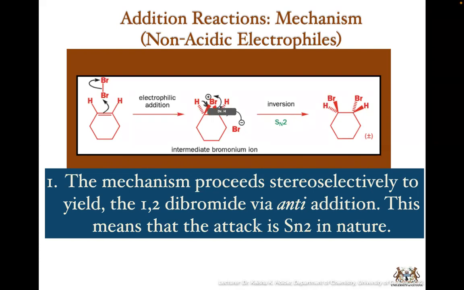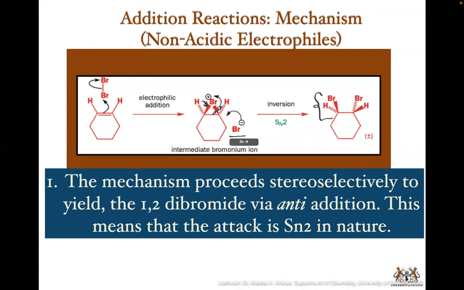And because this bond is coming above the screen, positioned in such a way where the bromine is above the screen, our bromine will be positioned likewise, right?